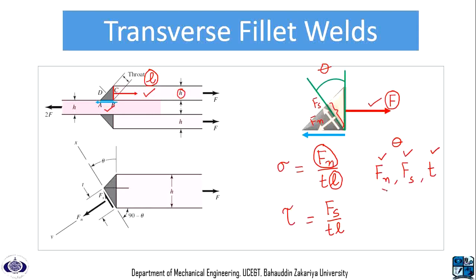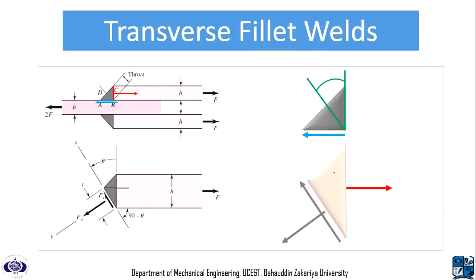That is why we need a derivation where we can convert Fn and Fs to force F, and similarly convert this T to leg height H, because H is known as well as F is also known to us.